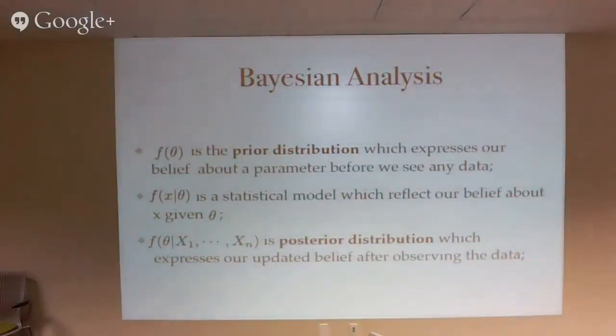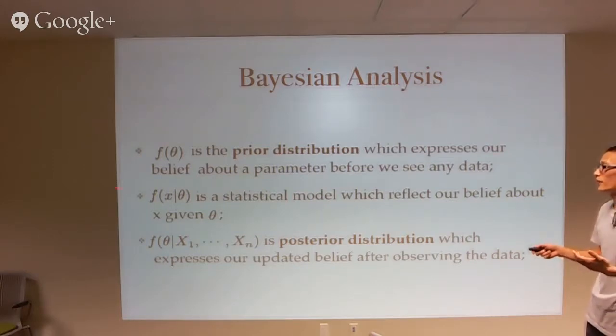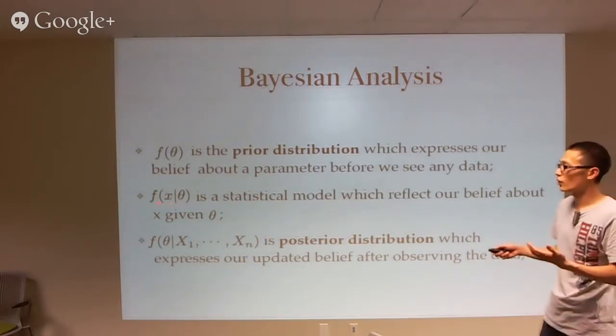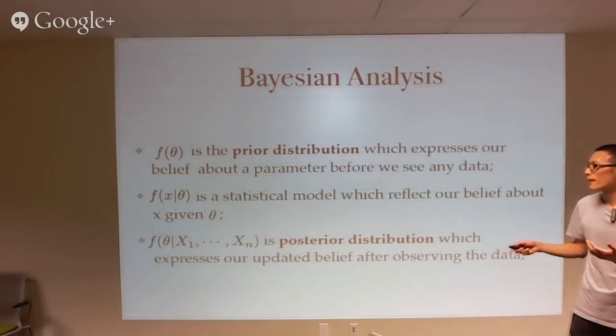For Bayesian analysis, we use belief. The f(theta) is the prior distribution, which expresses our belief about the parameter before we see any data. The f(x given theta) is the statistical model, which reflects our belief about x given theta. Sometimes we call this the likelihood.